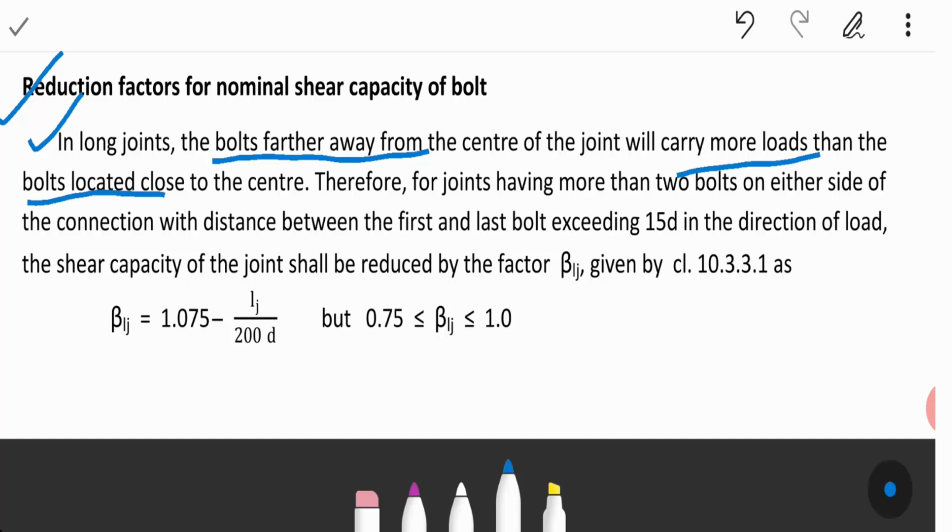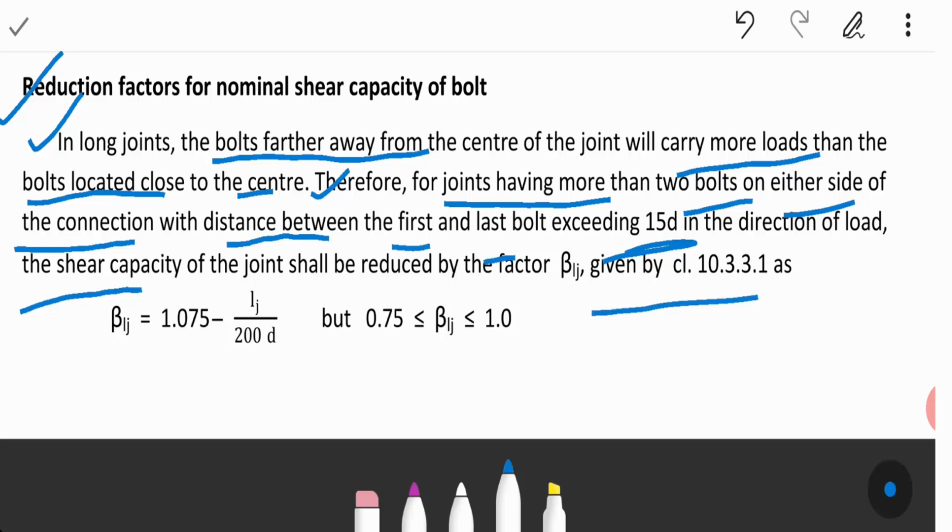Therefore, for a joint having more than 2 bolts on either side of the connection with distance between the first and last bolt exceeding 15d in the direction of load, the shear capacity of the joint shall be reduced by a factor beta lj given by clause number 10.3.3.1 of IS 800:2007.